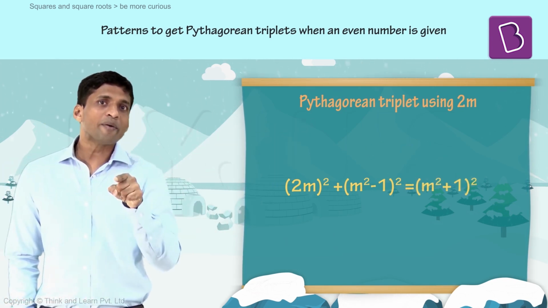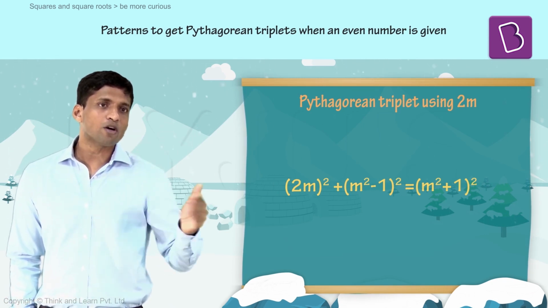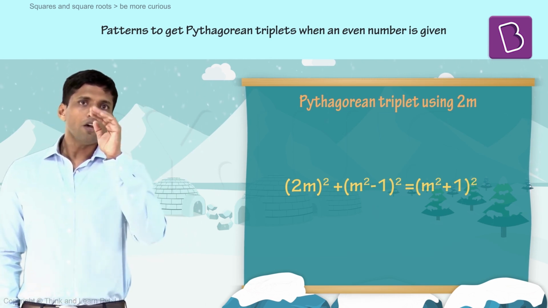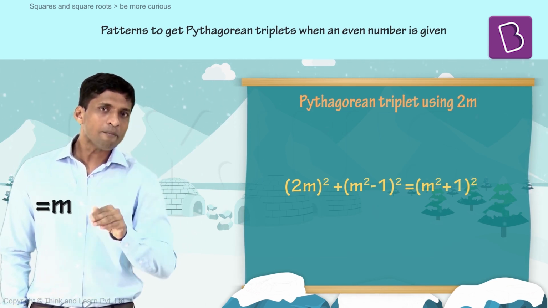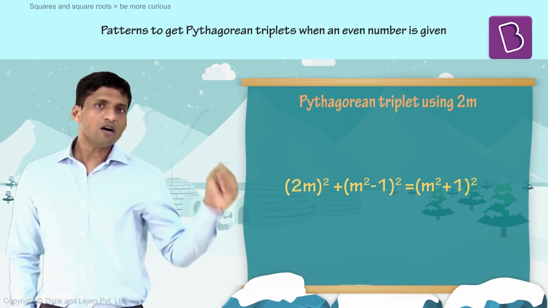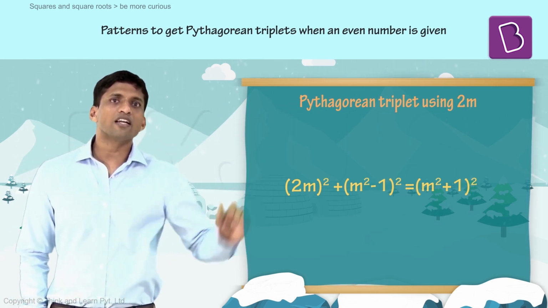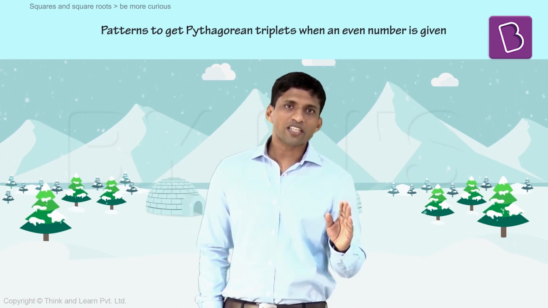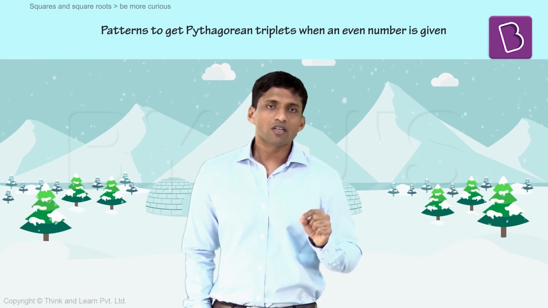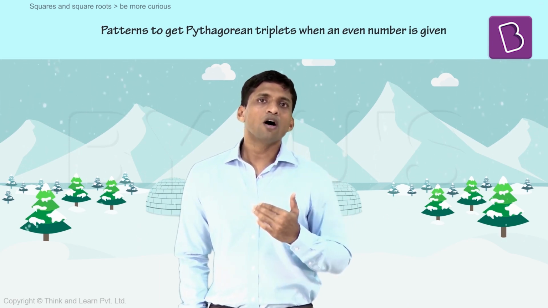Now you are not just memorizing, you understand it much better because you just saw that using basic numbers. So now all of you understand a shortcut to figure out Pythagorean triplets, whether you have an odd number or an even number.